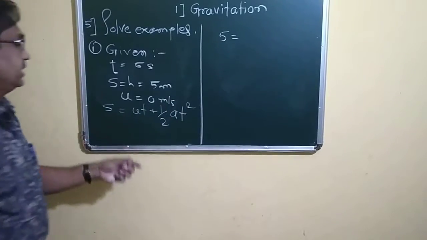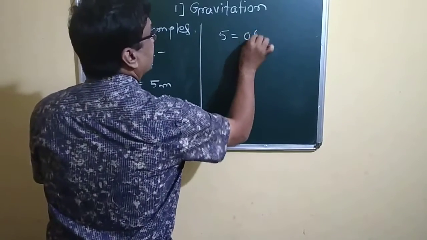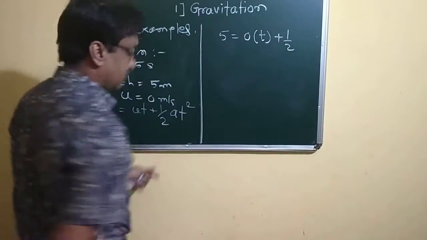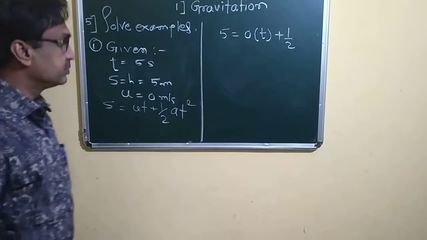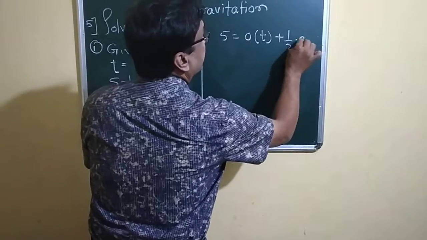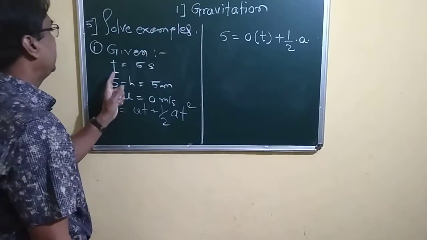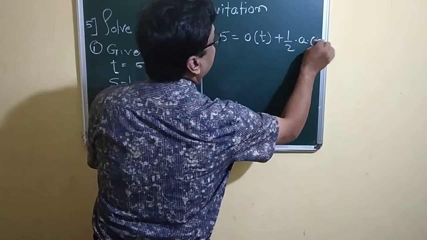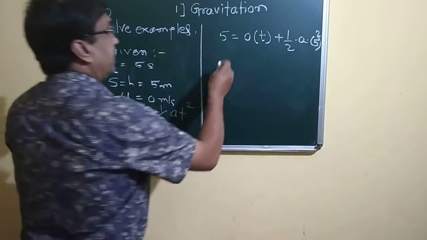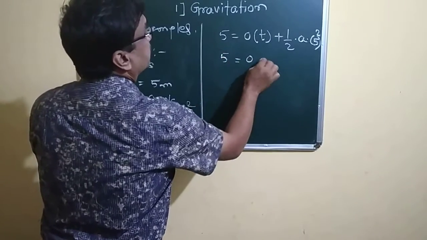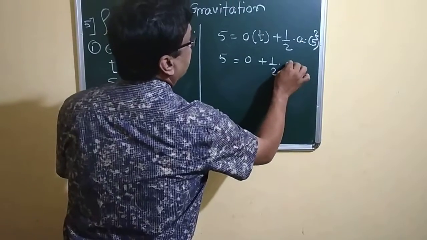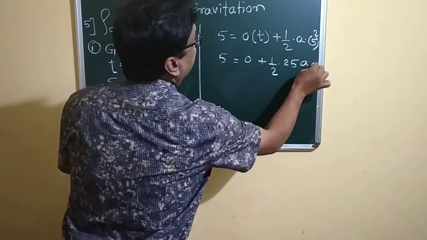So S is equal to 0 into t plus half, and what we have to find out is a, a into t square. T square is 5 square. So 5 is equal to 0 plus half into 25a.